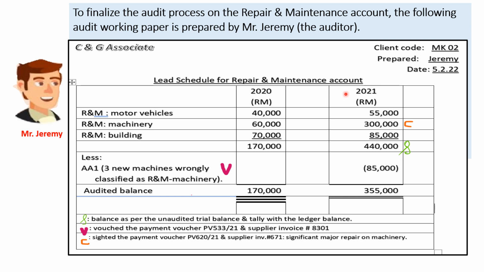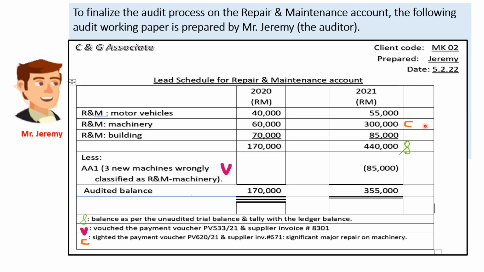However, for 2021, this is the figure. We have designed it here in green color. It says here it has been balanced as per the unaudited trial balance and tallied with the ledger balance. So basically this is not yet the audited balance. We have to counter check what was explained by the accountant just now.